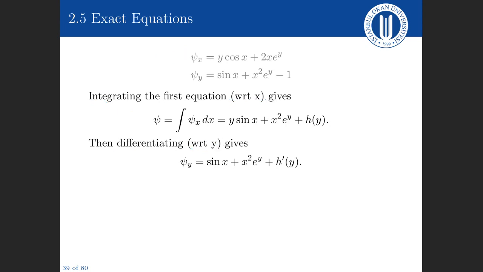I want to take y sine x plus x squared e to the power y plus h of y, and differentiate with respect to y, to get sine x plus x squared e to the power y plus h prime of y. Wait a minute, we already have an equation for xi y. Our second equation says xi y is sine x plus x squared e to the power y minus 1.